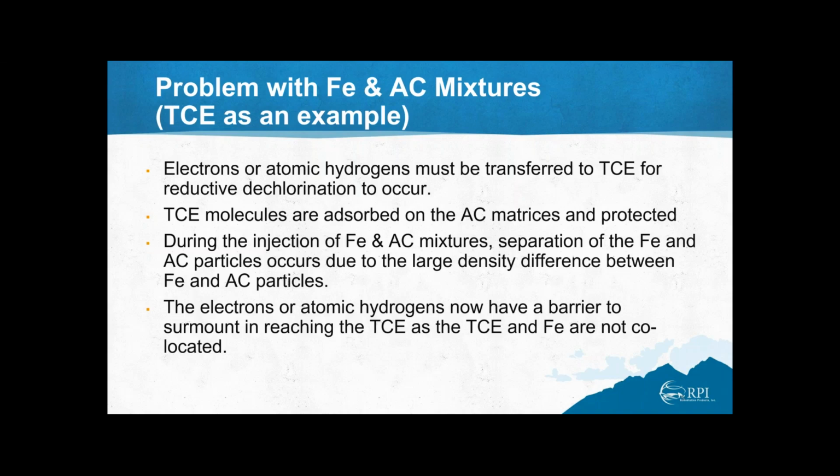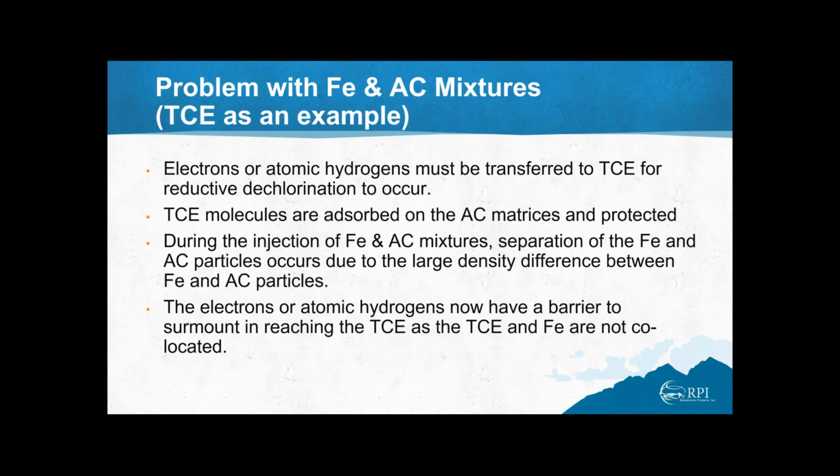The additional problem is that if the ZVI and the activated carbon are not integrated, during injection, you know that iron has a greater density than the activated carbon, so the injection process itself can cause additional separation of the iron and the activated carbon.